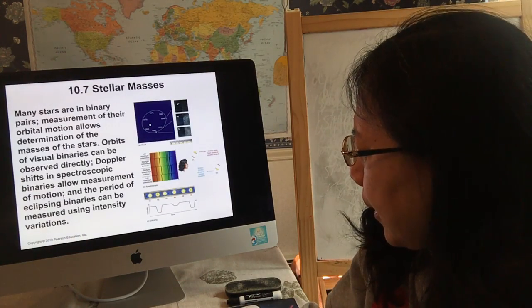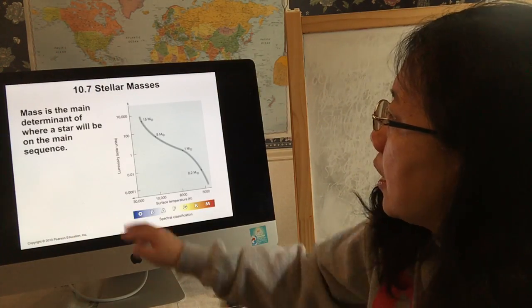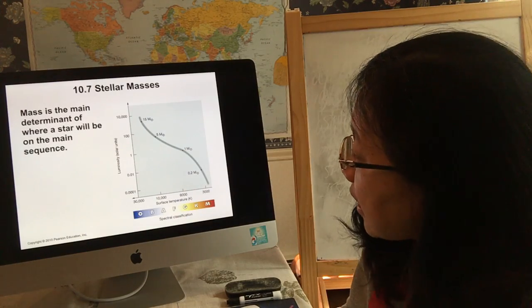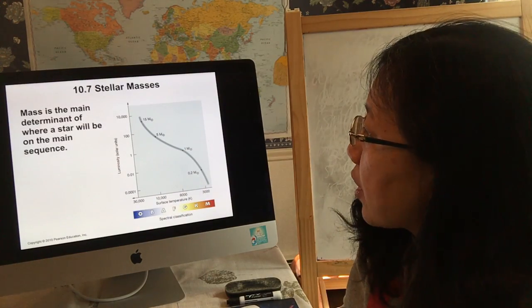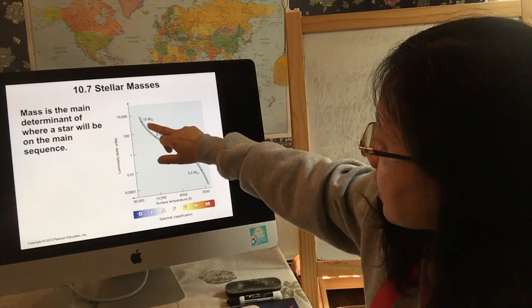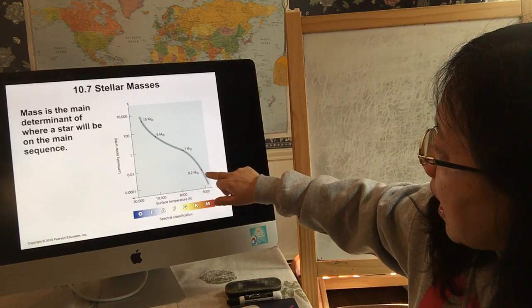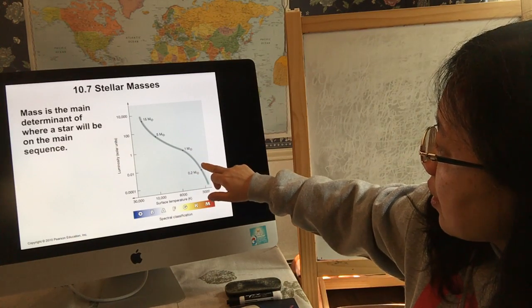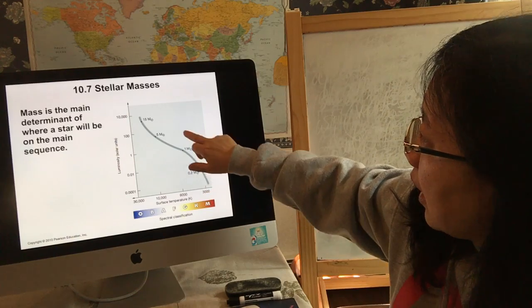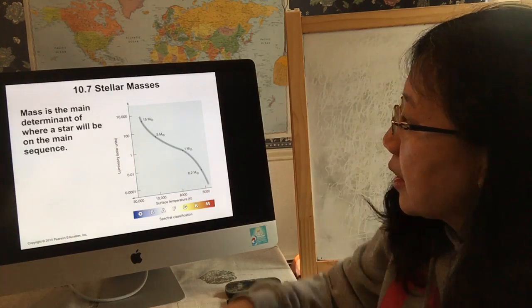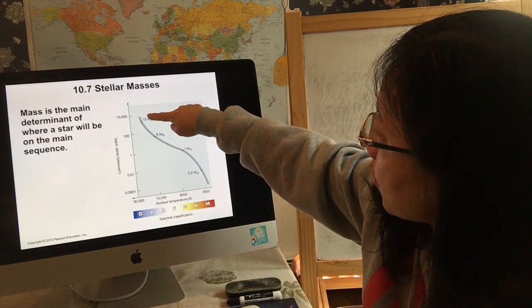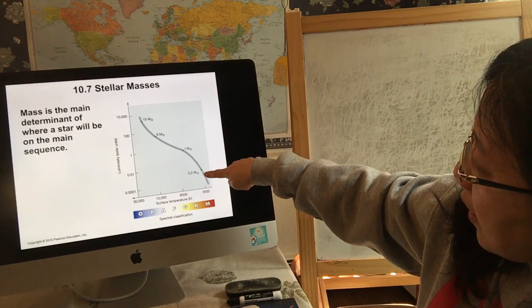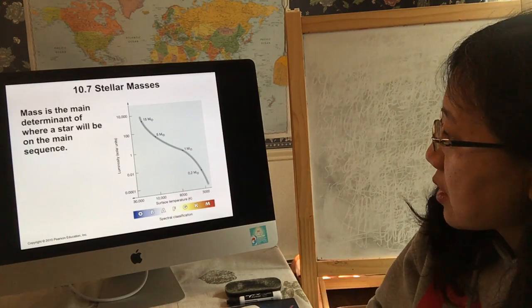As you can see, mass is the main determinant of where a star will be on the main sequence. On the main sequence, the lower mass stars are going to be located over here, but the higher mass stars are going to be located over here, which means the lower mass stars typically have low temperature and low luminosity.